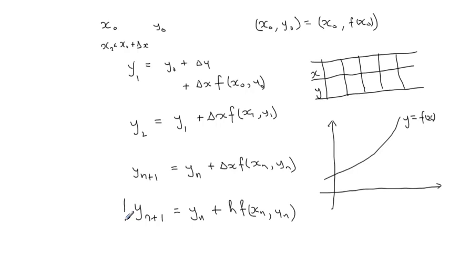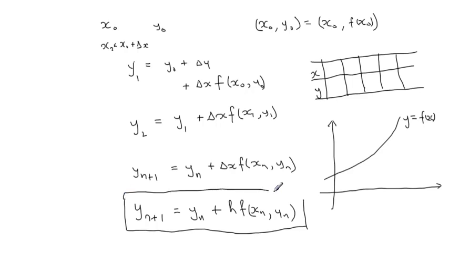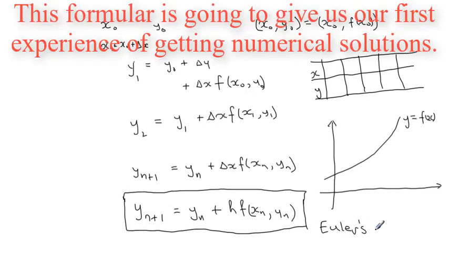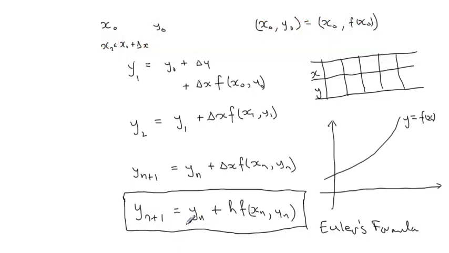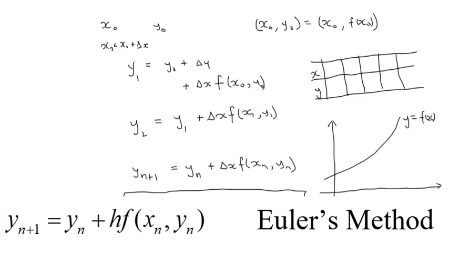This formula which we have just arrived at is the first formula people are usually introduced to as far as numerical solutions of differential equations are concerned, and it is called Euler's formula. It is the first formula we're going to use to solve a differential equation using numerical methods.